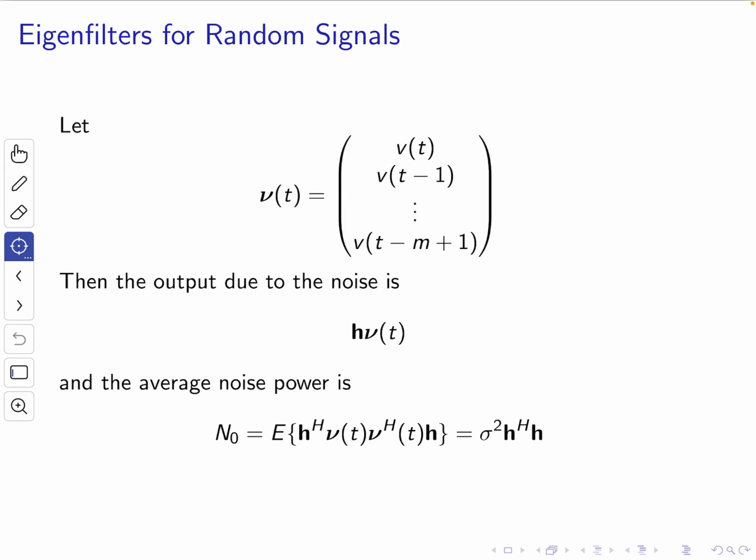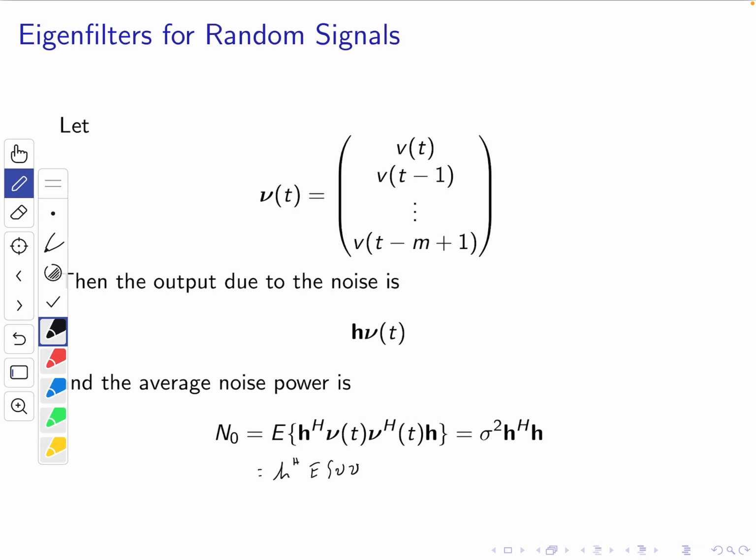The average noise power in the same way is H Hermitian, expected value of nu nu Hermitian, times H. We know that nu has variance sigma squared, so this is sigma squared I, and so we get this value.